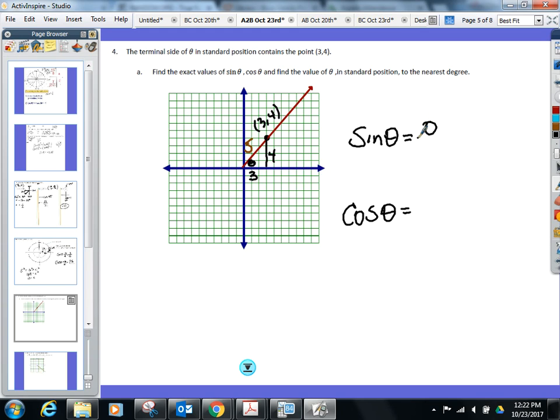What's opposite theta over hypotenuse. Nice job. Emma, I want to take care of cosine now. Adjacent 3, hypotenuse 5. It's not too bad, huh, young ones?